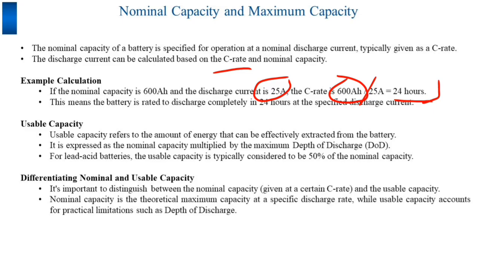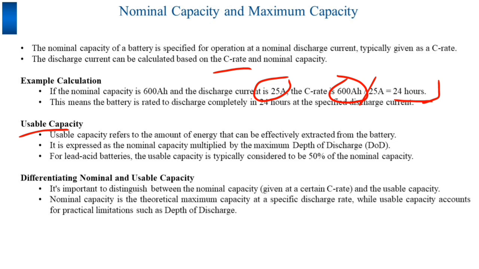So what is the usable capacity? The usable capacity is the amount of energy that can actually be used from the battery before it needs a recharge.